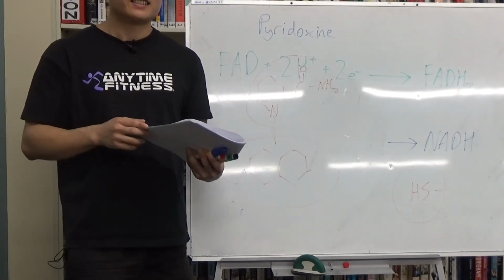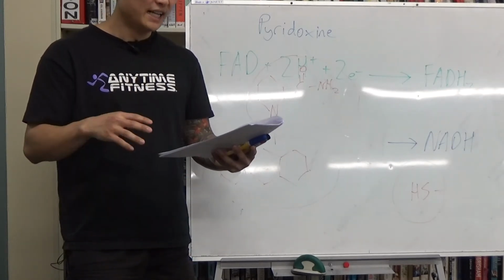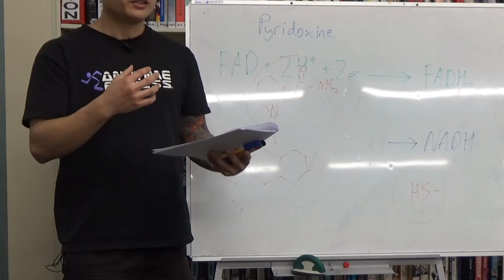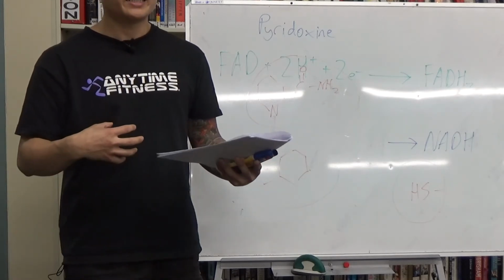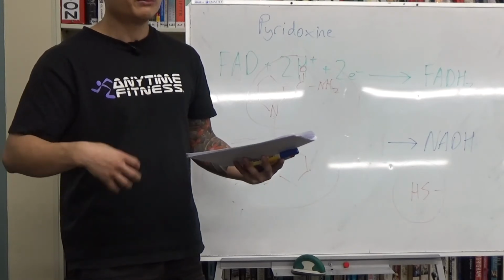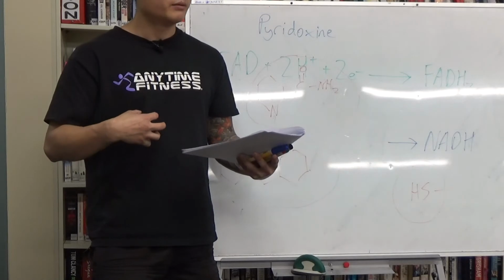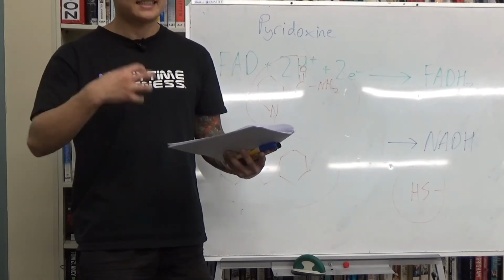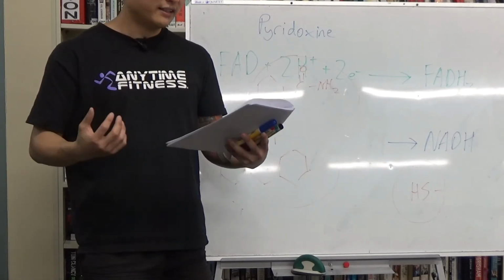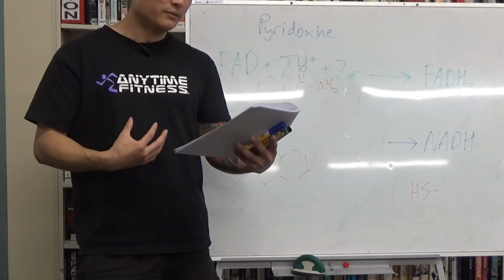Remember that if you don't have pancreatic lipase, none of your fat's going to get into your enterocyte. And if none of your fat's getting into your enterocyte, you're not going to make any chylomicrons, because chylomicrons are made by the enterocyte from the fat that's come in. So if you have a pancreatic lipase deficiency, none of your triacylglycerides will be getting into the enterocytes in the first place.